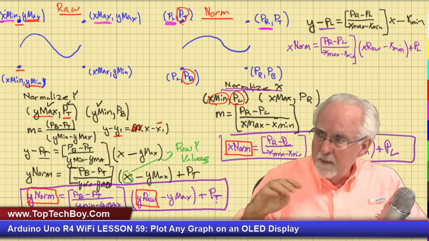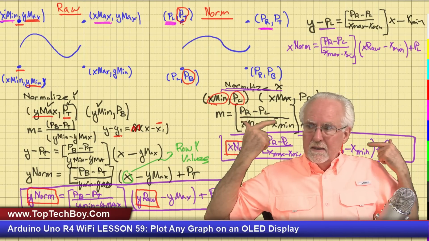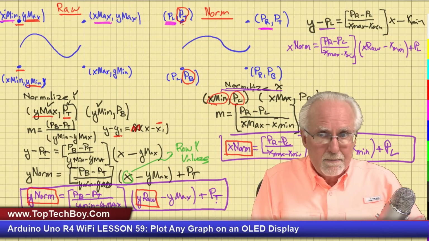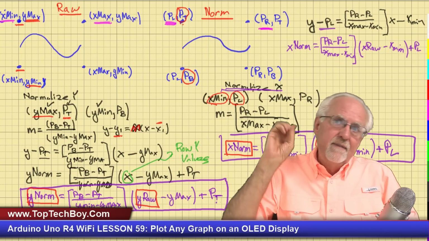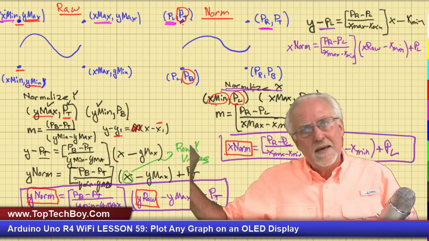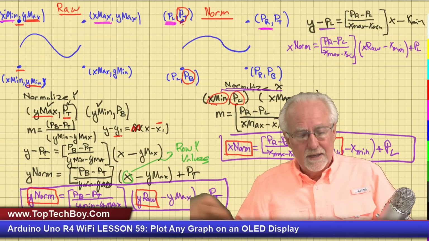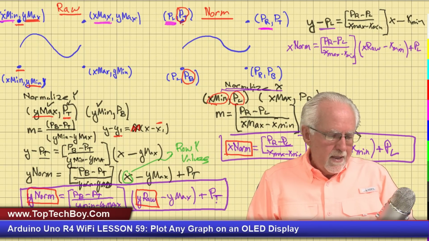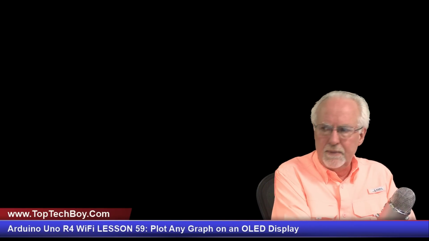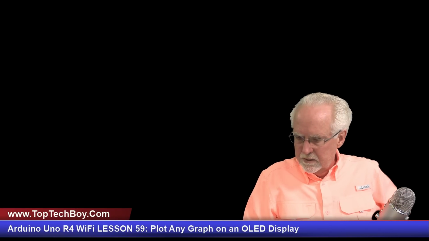Those four numbers then will allow me to do this calculation back behind me. And then for any raw X, I can calculate the normalized X. For any raw Y, I can calculate the normalized Y. I hope that makes sense. Let's jump in and start coding. Who's ready to start coding?